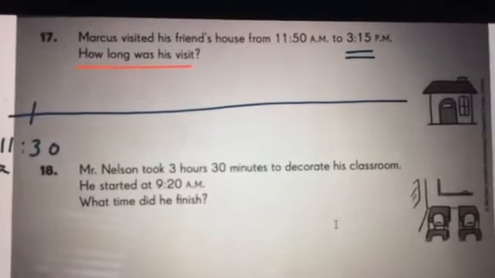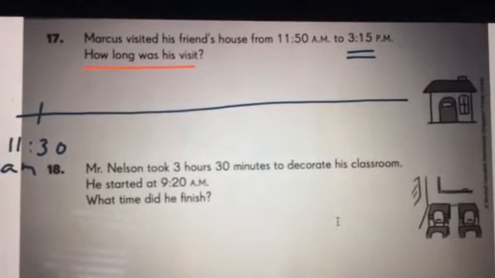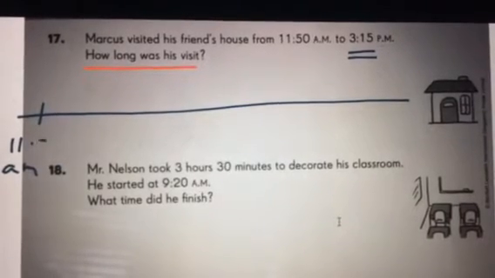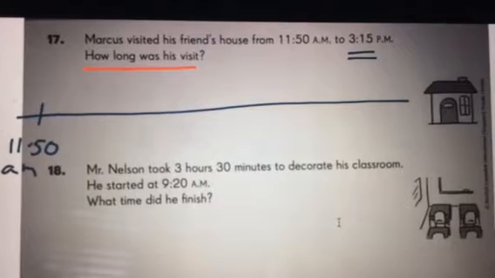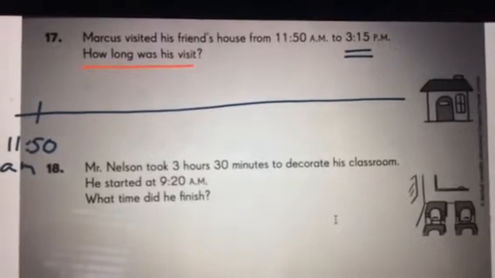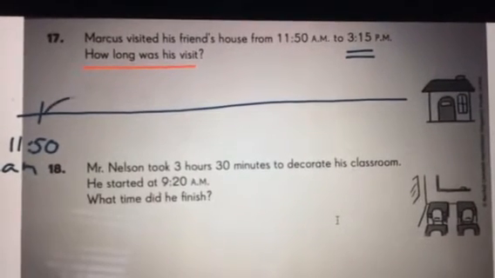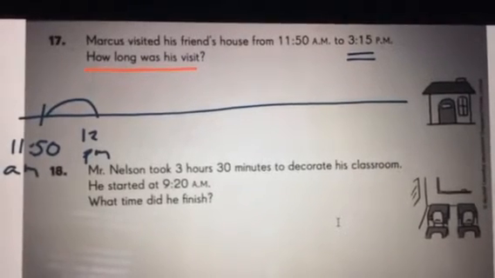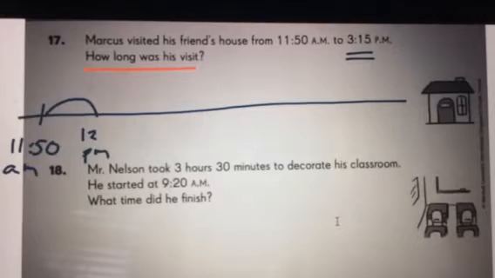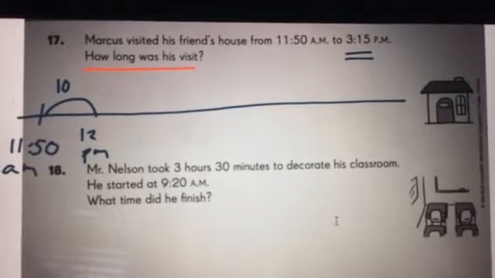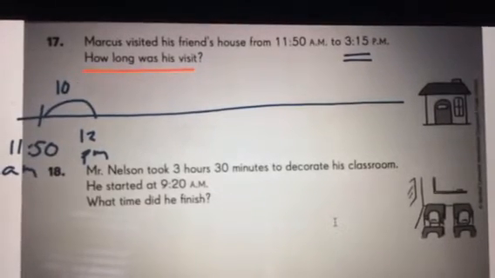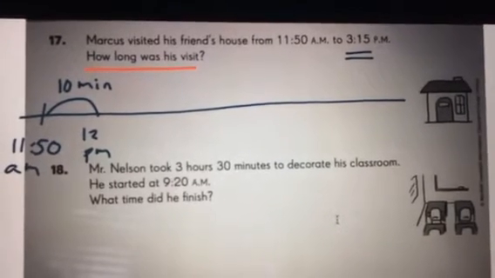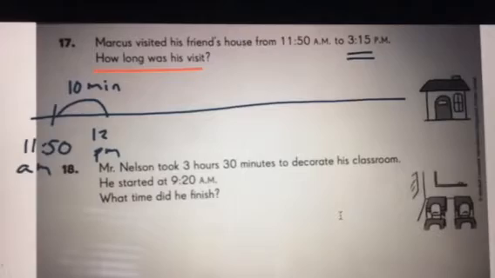So let's say that you start off at 11:50 a.m. So let's go to the next hour. 11:50 to 12 p.m. How many minutes have elapsed from 11:50 to 12 p.m.? That's 10 minutes.